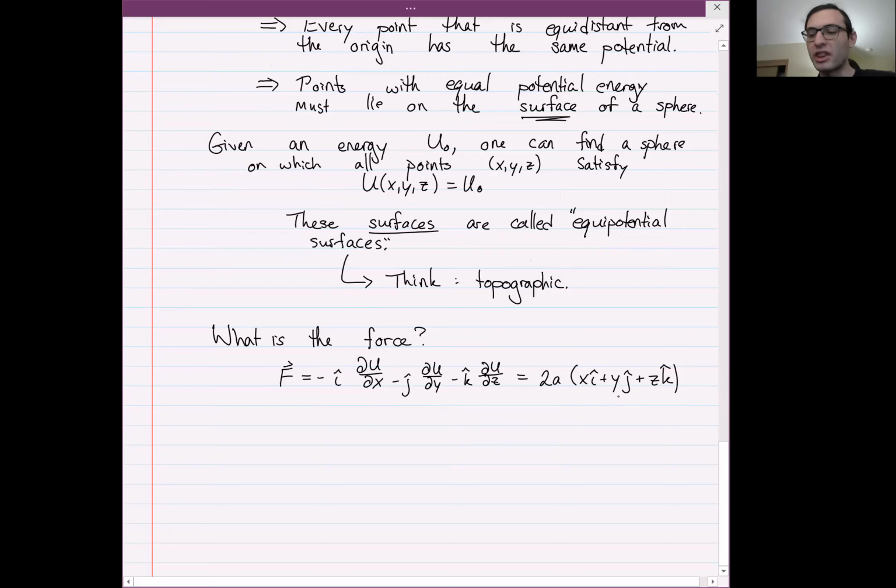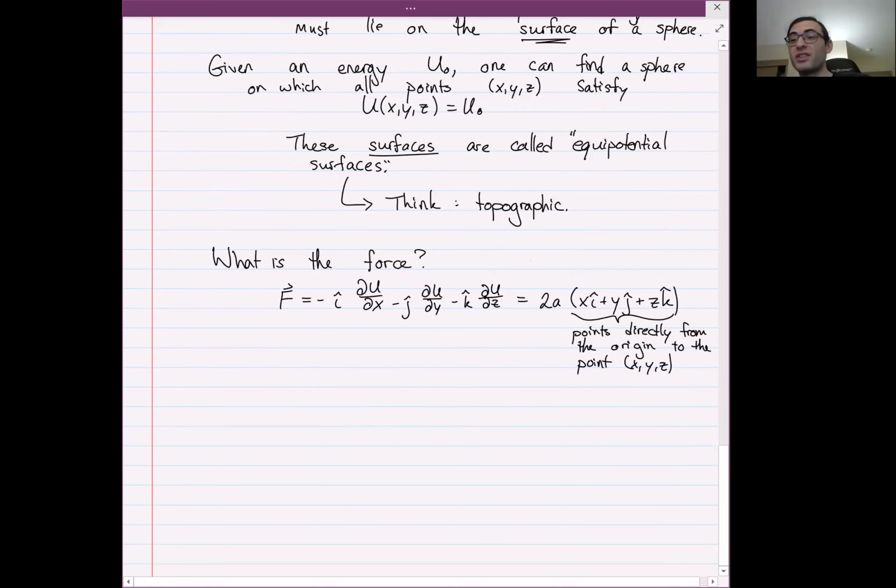Importantly, this vector points directly from the origin to the point x, y, z. So the force vector points from the center to the point that you're evaluating it at, and that point also lives on a sphere.